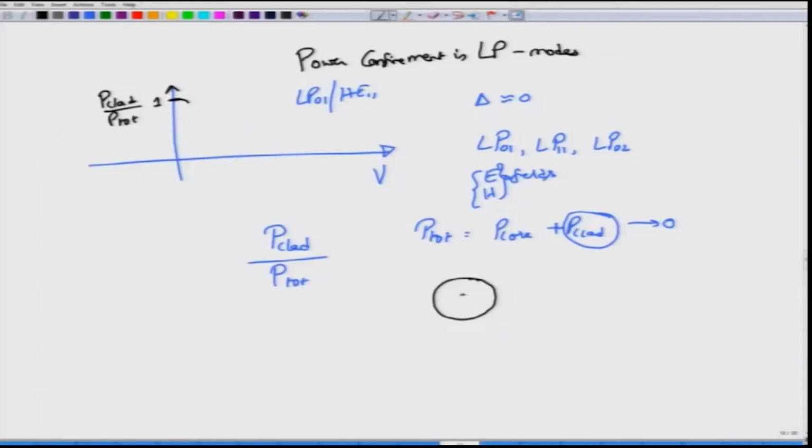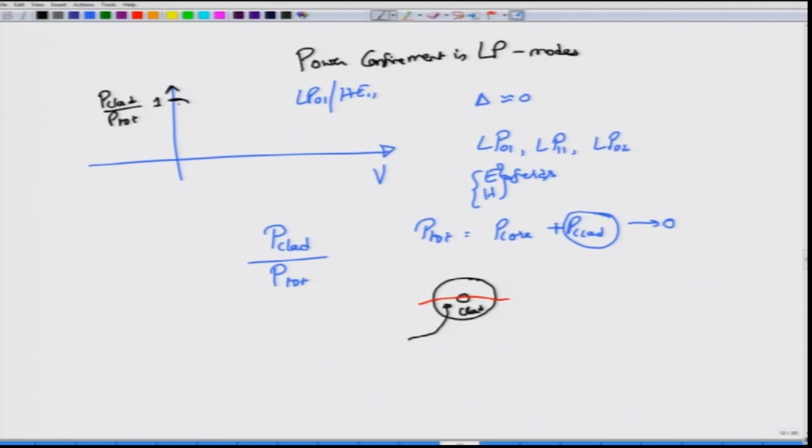So the field actually spreads out, and most of it lies in the cladding. If this is the core and this is the cladding, then at or near cutoff, most of the power is concentrated in the cladding, and very little in the core. In fact, at V equal to 0, this ratio of cladding power to total power becomes equal to 1, which means all the power that we have launched is sitting in the cladding.